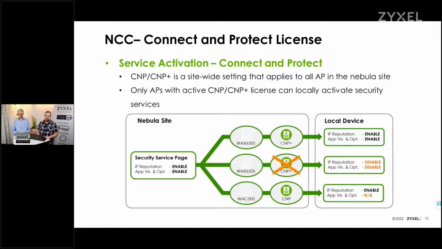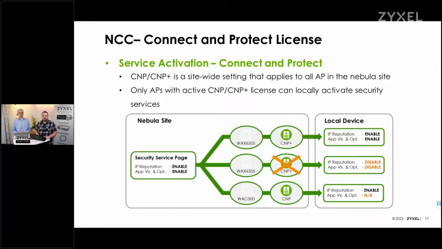What we can support is that only dedicated APs need a CNP or CNP Plus license and not the whole organization. So if you have an AX access point with a CNP Plus license, you can use both features. If you have just an AX access point without any license, both features will not work even if they are enabled.